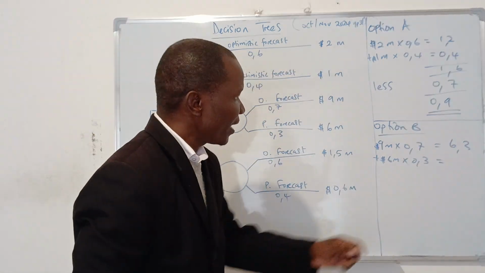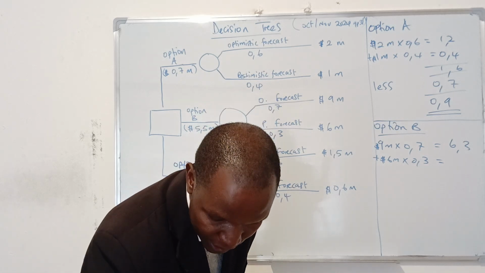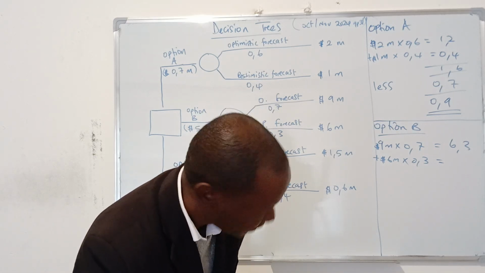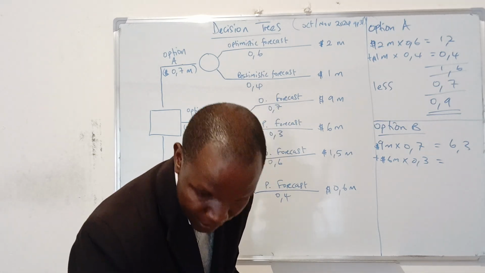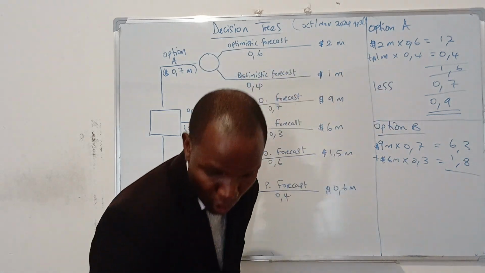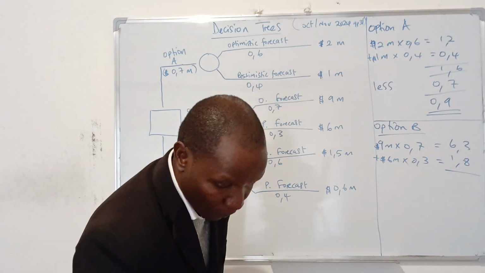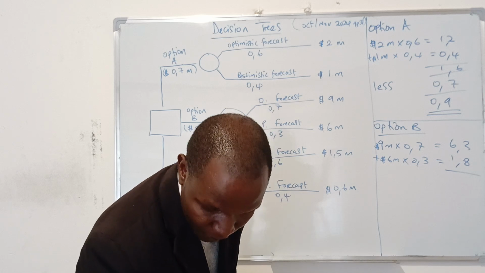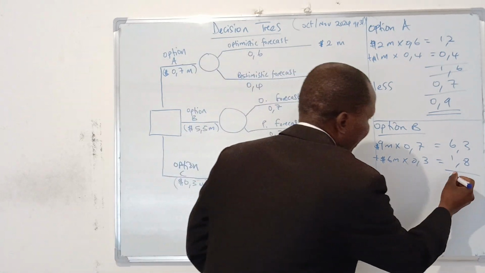And then 0.3 times 6 gives you 1.8. If you add these two, 1.8 plus 6.3, it gives you 8.1.